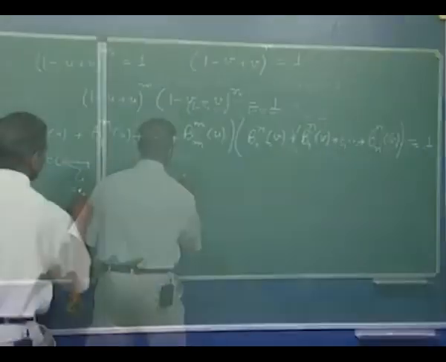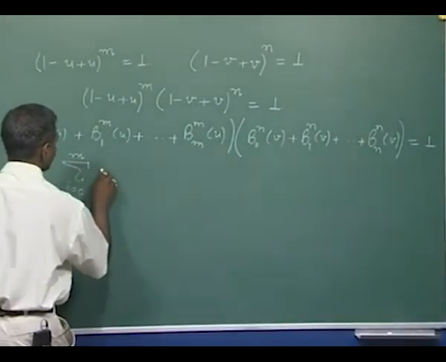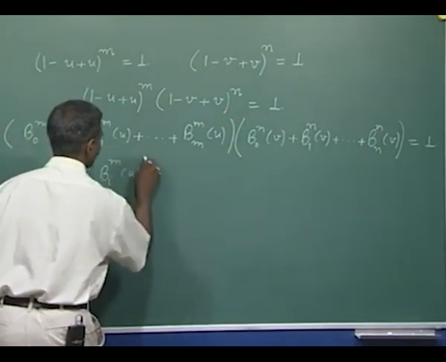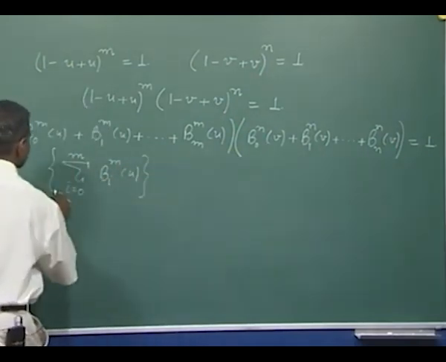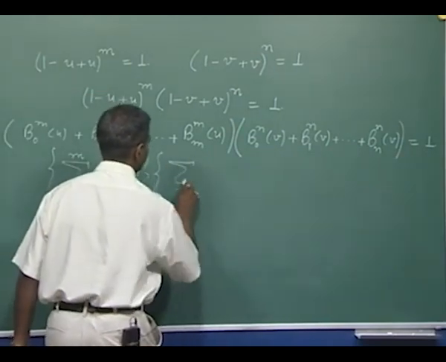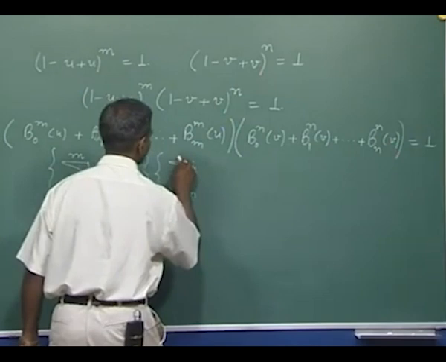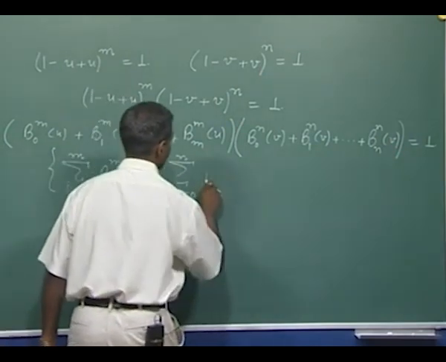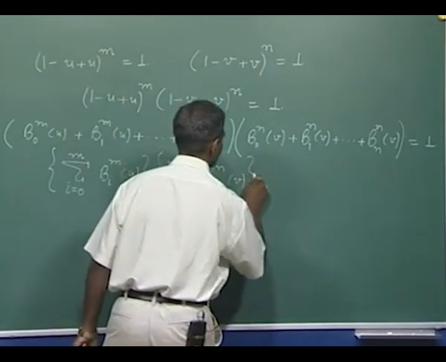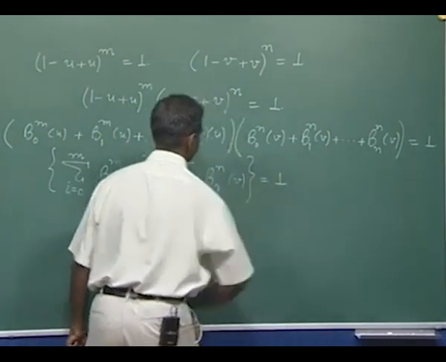Summation i going from 0 to m B_i^m(u) times summation j going from 0 to n B_j^n(v) equals 1.